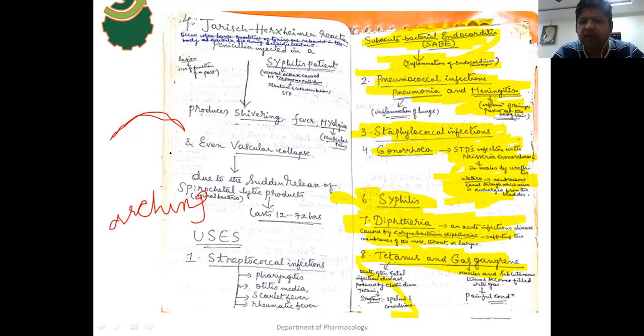Coming to gas gangrene. Gas gangrene is also an infection, caused by Clostridium perfringens, where there is a deposition of gas inside the body. The muscles and subcutaneous tissues become filled with gas.